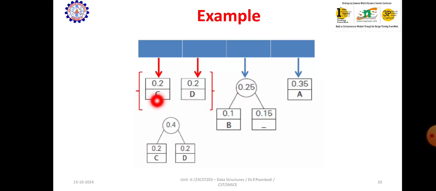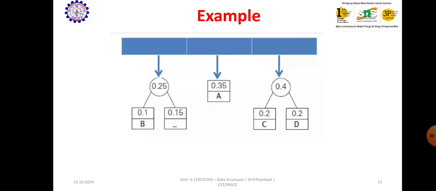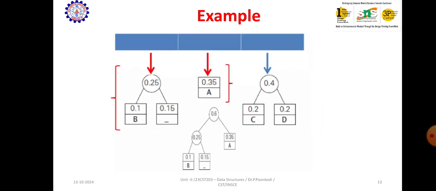Next we consider 0.2 and 0.2, create another tree, and combined it is 0.4. Where should it be placed? It should be placed after the 0.35. See, first 0.25, then 0.35 and 0.4.